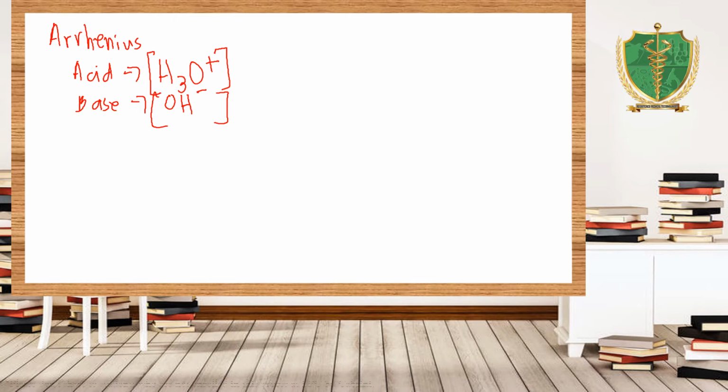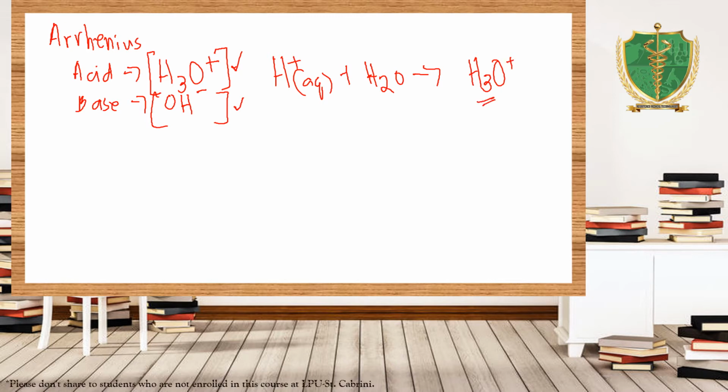The hydrogen that is present in the acid reacts immediately with water molecule so that it will give hydronium ion. While for base, it will produce hydroxide ion. It is therefore important to take note that hydrogen plus water will give us our hydronium ion.